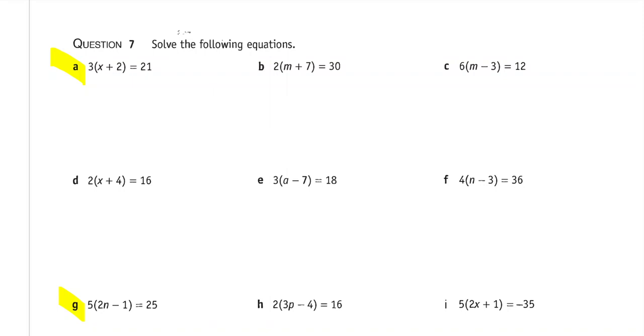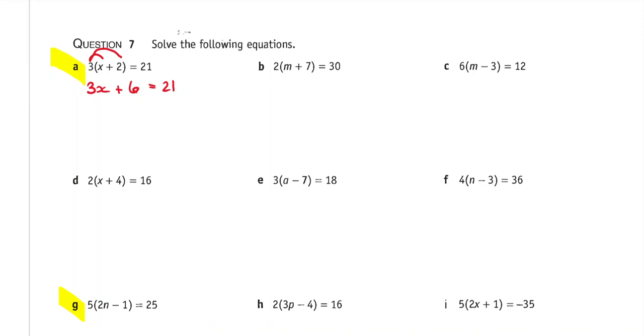Expanding the brackets. I'm going to do 3 times x, which is 3x. Then there is a plus in my bracket, and I'm going to do 3 times 2, which is 6. And then equals the 21. So I'm just timesing the bracket out, and now I'm ready to do equations. So here's my x, get rid of these numbers, starting with the 6.